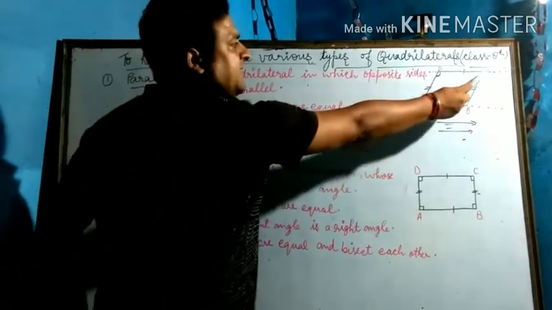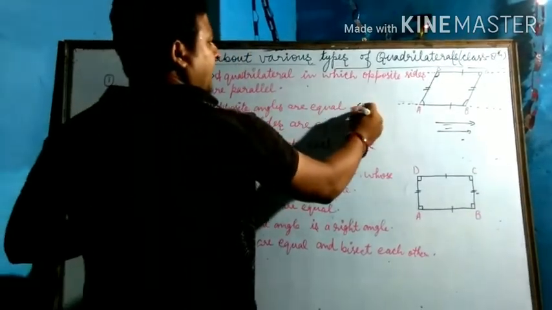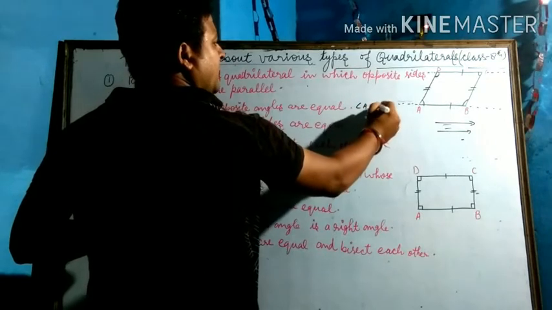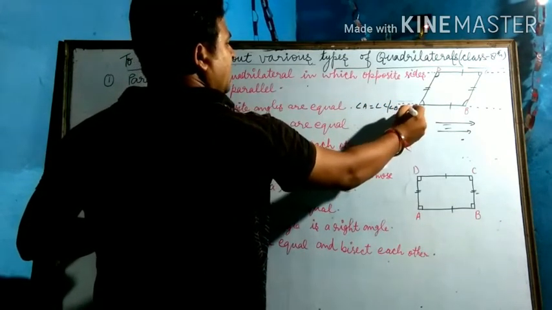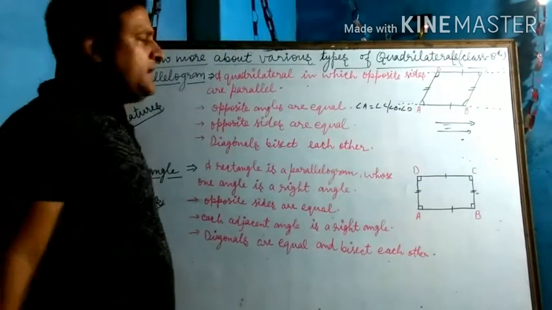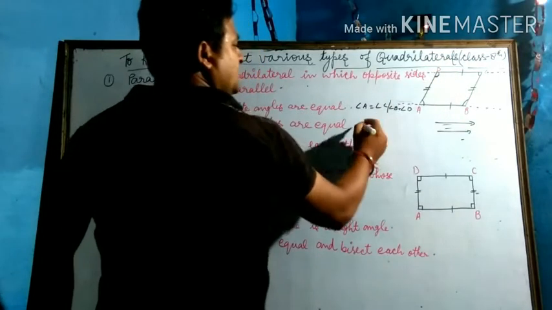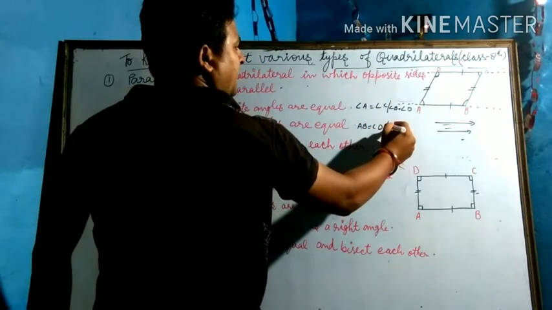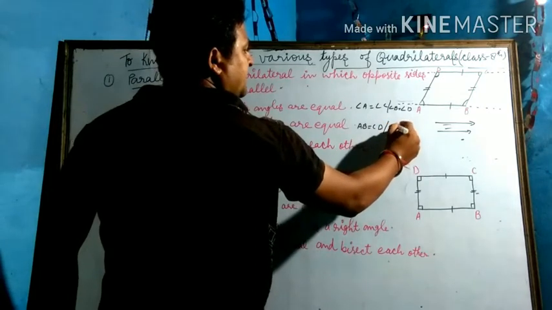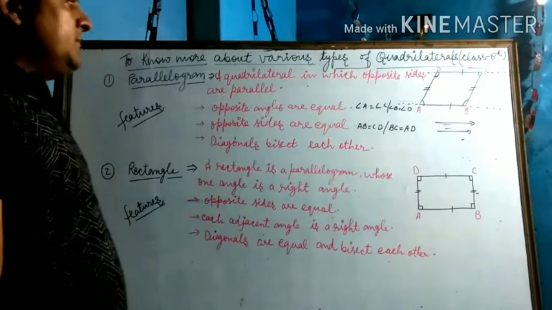Opposite angles means angle A equals angle C, and angle B equals angle D. Understand? Opposite sides are equal means AB equals CD and BC equals AD. Understand?